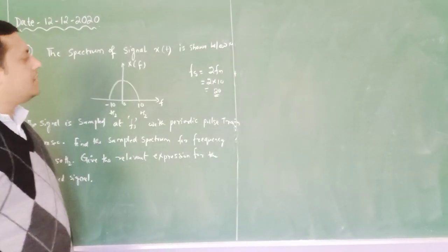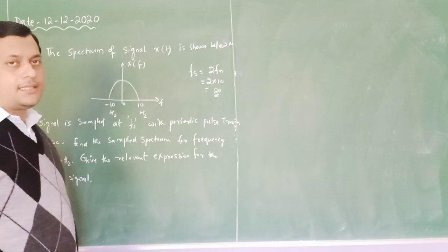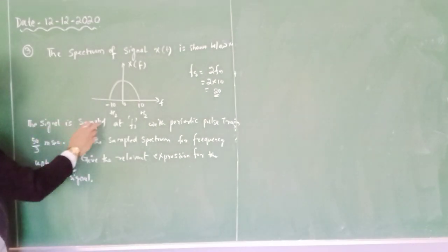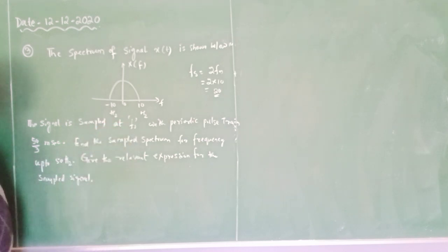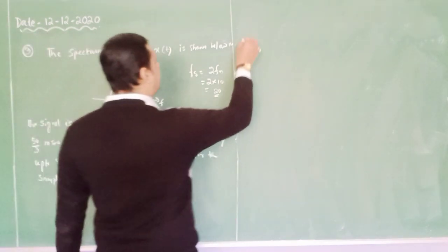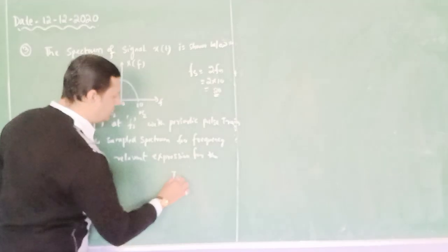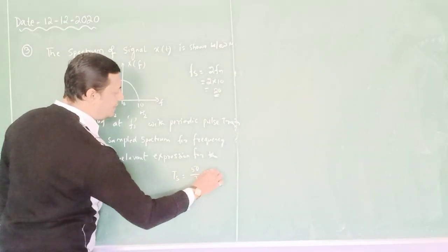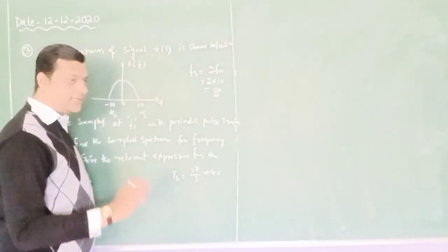Now the requirement is this, and it is given that the signal is sampled at Fs with a periodic pulse train, Ts is equal to 50 by 3 millisecond. Sorry, it is millisecond.